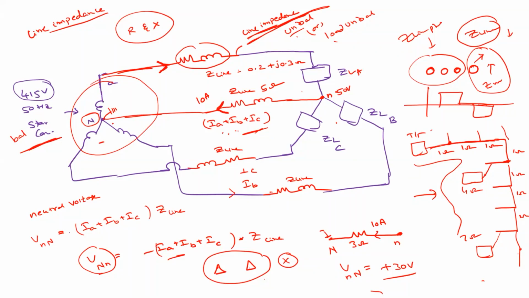Practically, we cannot completely balance that. We never know in which house what appliances there are and how much load they are consuming. So practically, we cannot make this neutral current zero, but somehow we can limit or reduce this neutral current by properly distributing the loads.